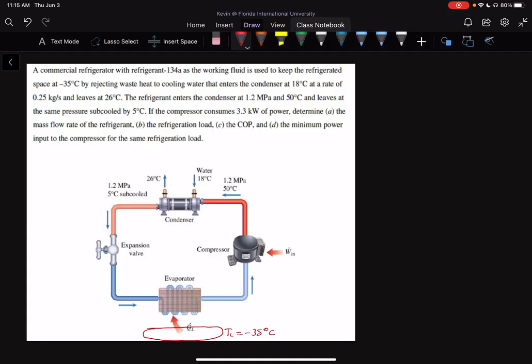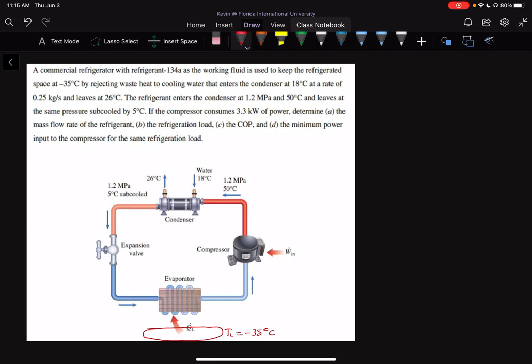We're told that we keep the refrigerated space at minus 35 degrees by rejecting waste heat to cooling water that enters the condenser at 18 degrees at a rate of 0.25 kilograms per second and leaves at 26 degrees.